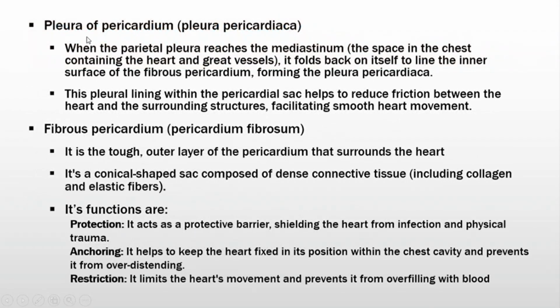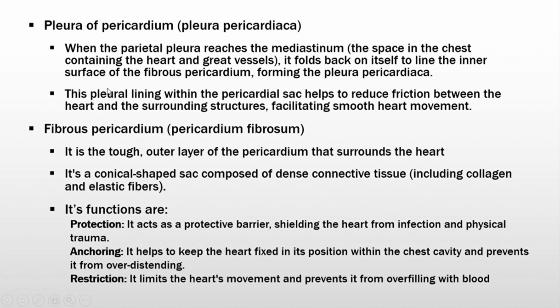The pleural pericardium. When the parietal pleura reaches the mediastinum, the space in the chest containing the heart and great vessels, it folds back on itself to line the inner surface of the fibrous pericardium, forming the pleural pericardium.